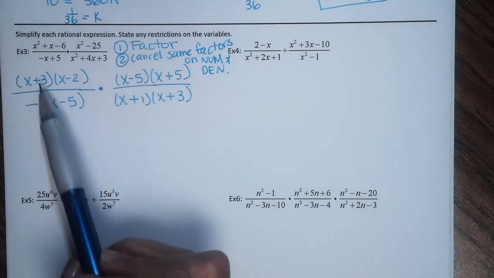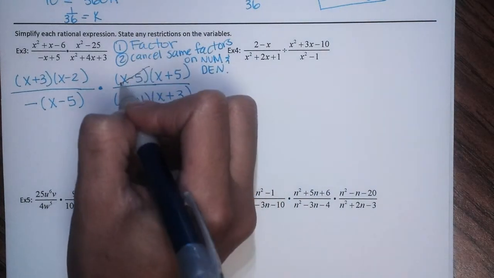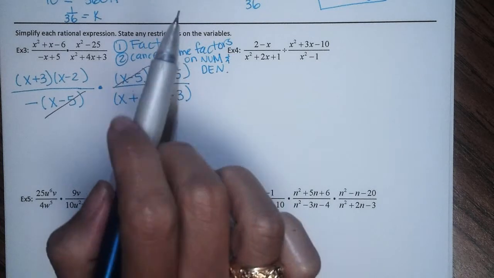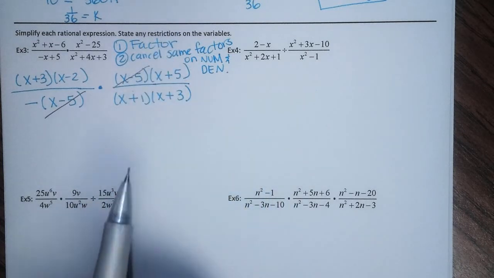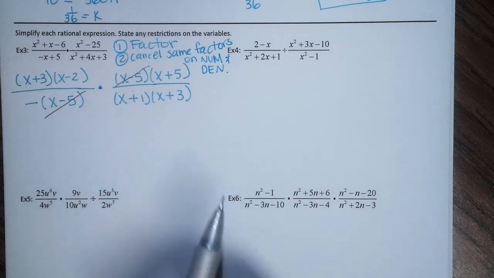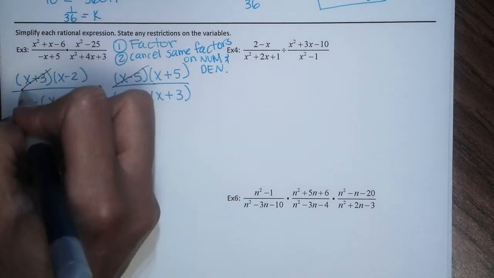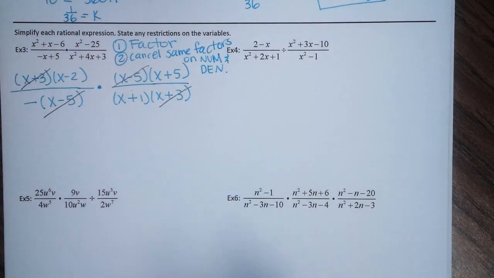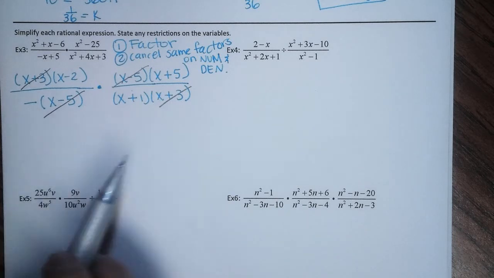What are we going to cancel? The x minus 5, like I mentioned, should cancel with the bottom x minus 5, because if you have a factor on the numerator that is the same on the denominator, that can be simplified and canceled out. Next, I have an x plus 3 and an x plus 3 on the bottom, so those can cancel out. And then the rest, I feel like nothing else can cancel.